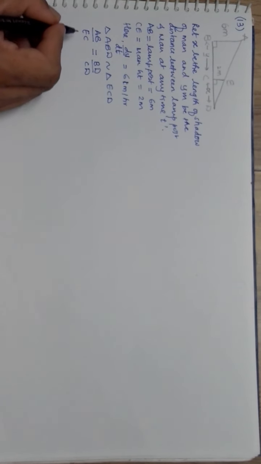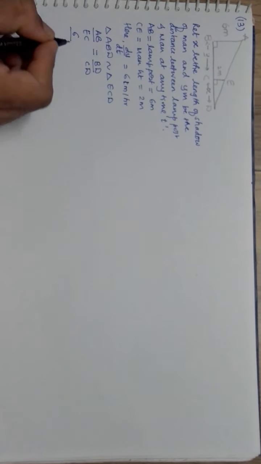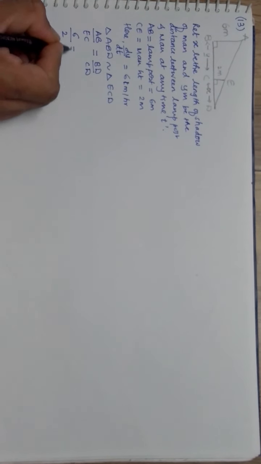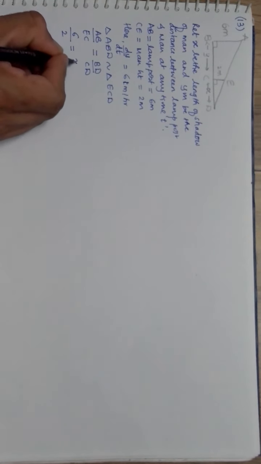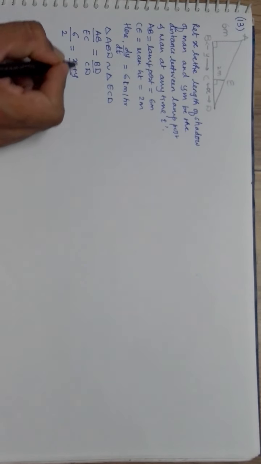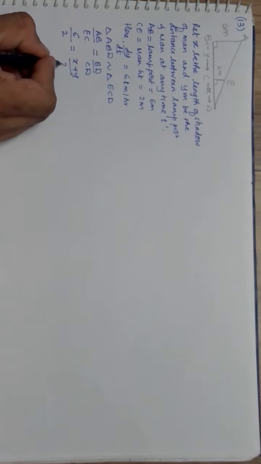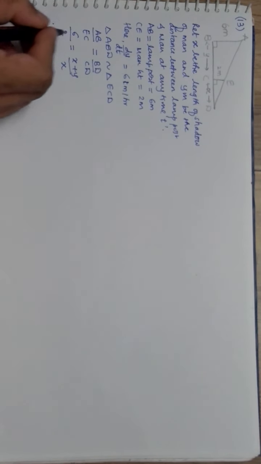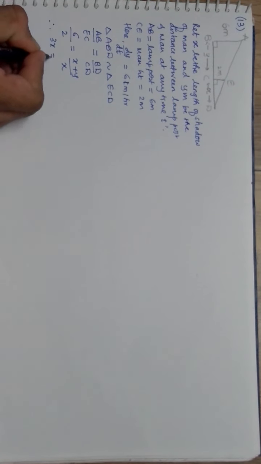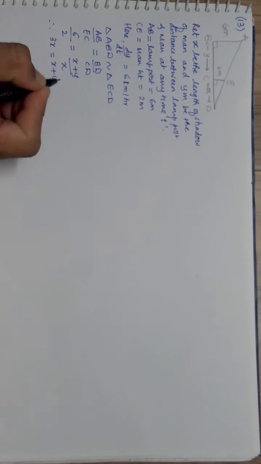Now AB being 6 and EC being 2, BD from B to D is x plus y and CD is your x. So obviously solving this will become 3, 3x is equal to x plus y.